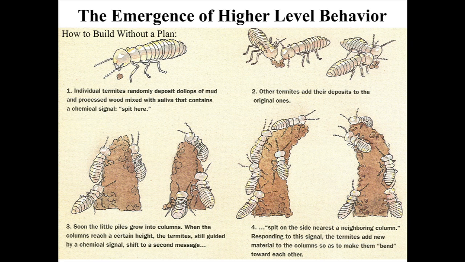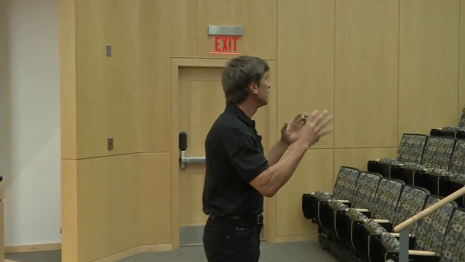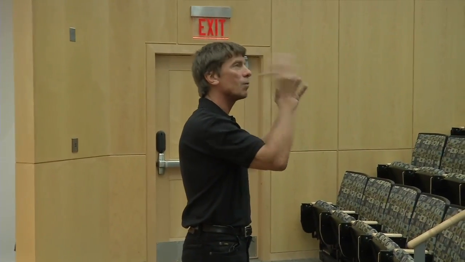Let's look first at termites. Termites make dollops of mud and plant stuff, and a chemical signal might say deposit a blob of mud there. Have you ever looked at a termite nest? It's complicated. Cut one in half sometimes.